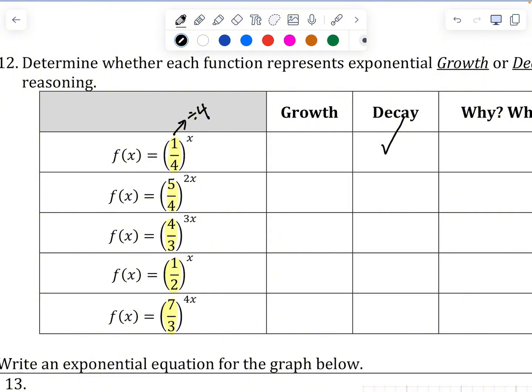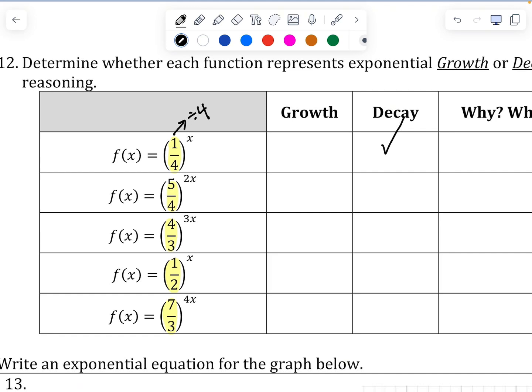Think about a number like, let's start with 16. I think 16 is a beautiful number. 16 divided by 4.